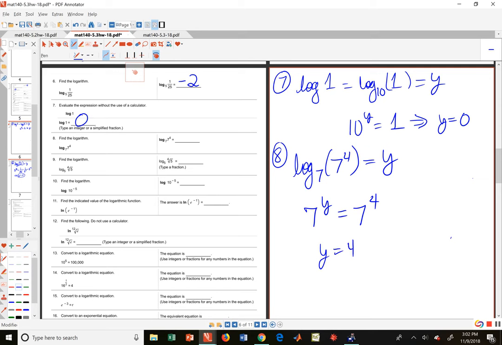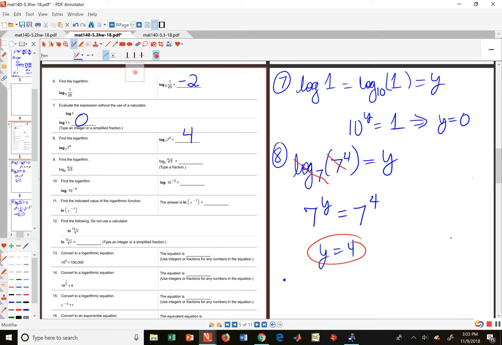Y is just 4, so not a lot to do there. Something we're going to be doing in the next section is this log base kind of cancels that exponential base. They kill each other off. Y is just 4.